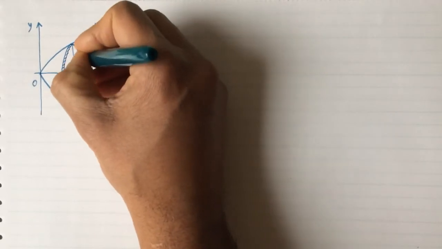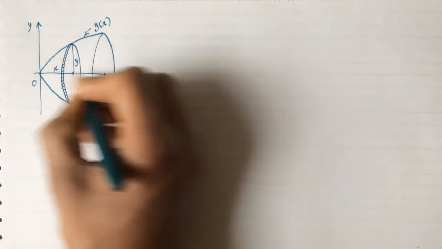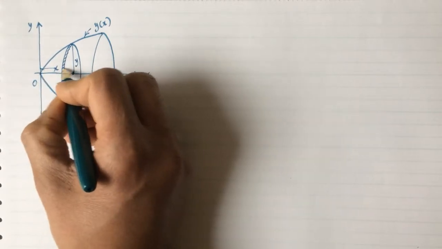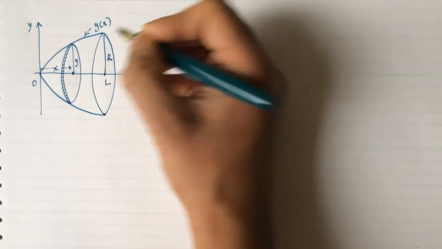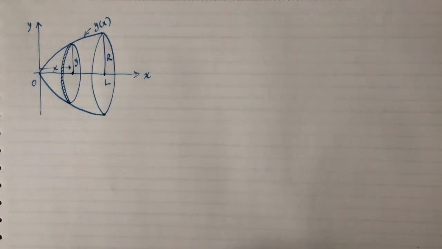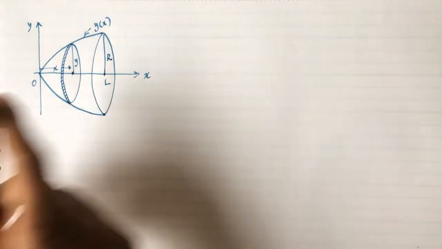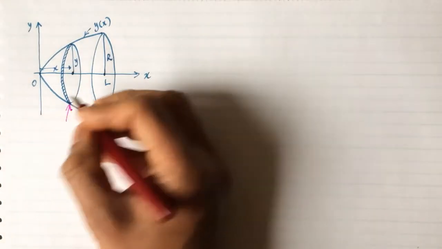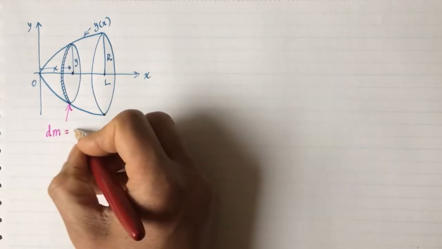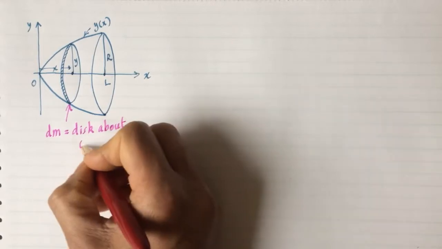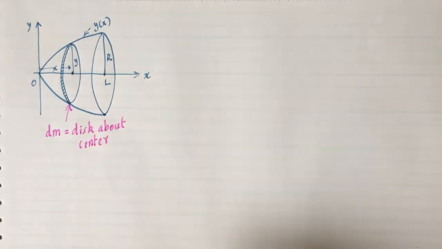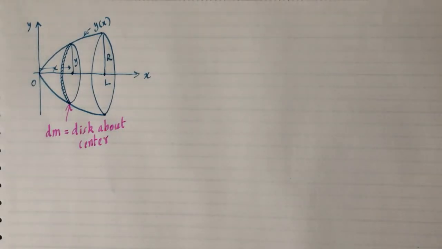So that's going to be your y, that's x, the distance from the y-axis, the total radius is r, and your dm, the disk element, it's the disk about the center. That's also a standard result from the moment of inertia point of view, so we're all set here.